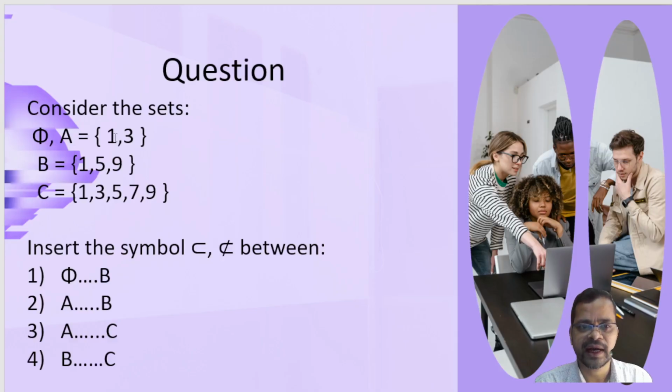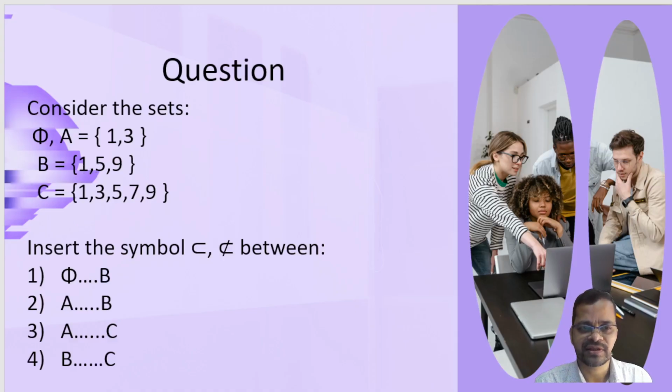So here A has 1, 3. If we have both 1 and 3 in B, then we can say that A is a subset of B. Here only 1 is present in B but 3 is missing.